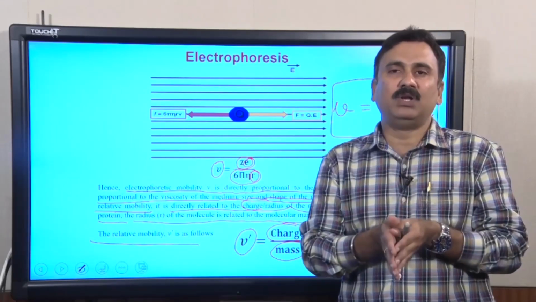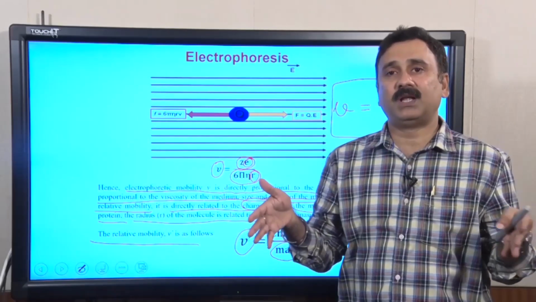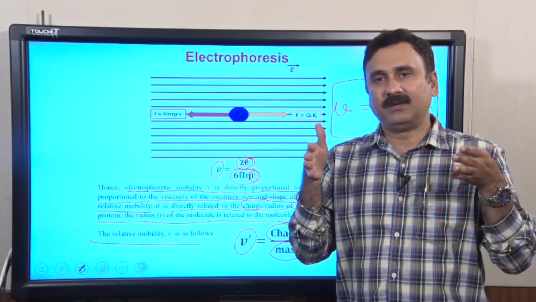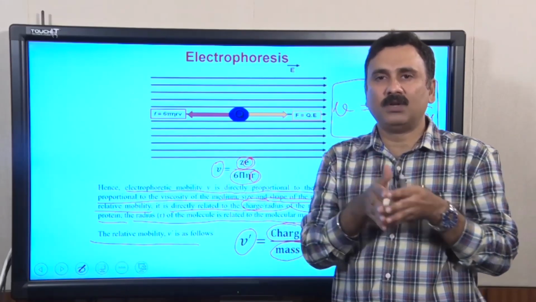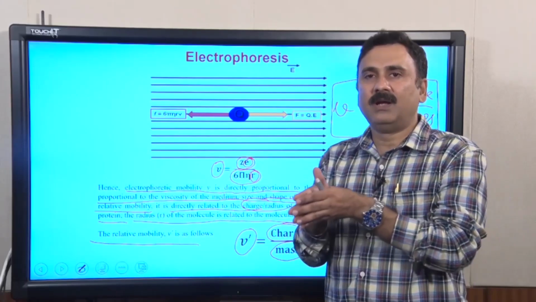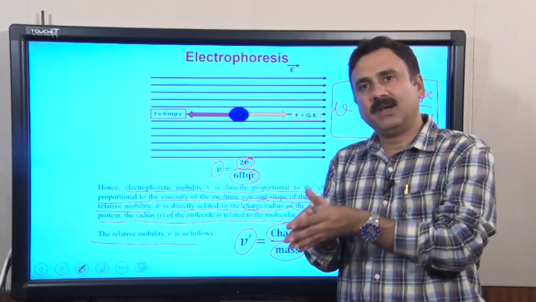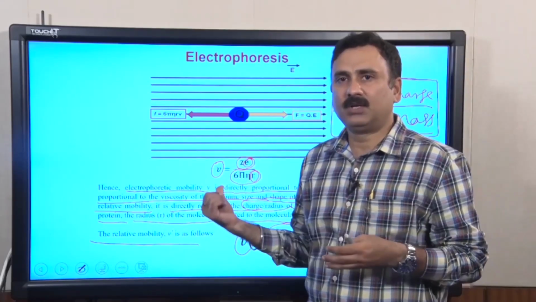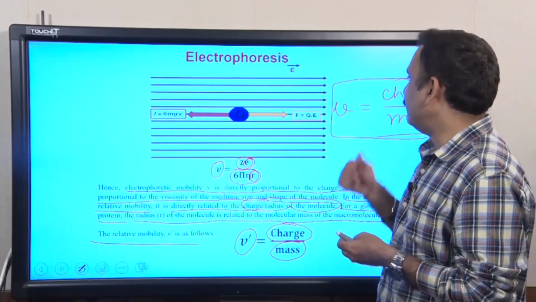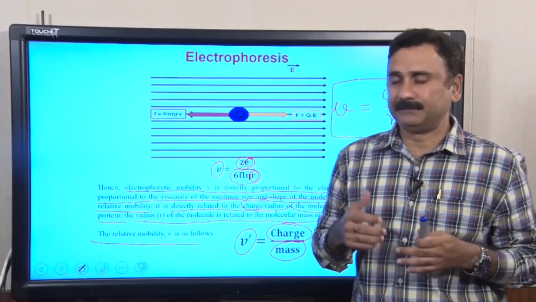The place where the molecule is immobilized is where these two forces are the same, and after that it is not going to have any absolute migration. After that it has relative migration, and if you go by these equations, the relative mobility is directly proportional to the charge by mass.